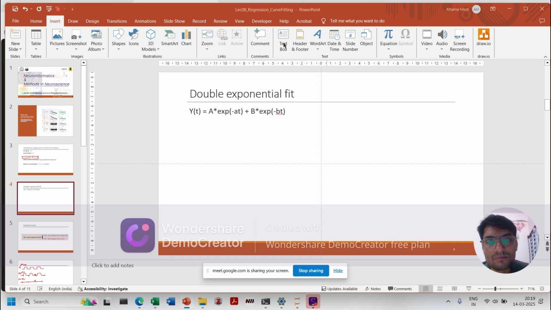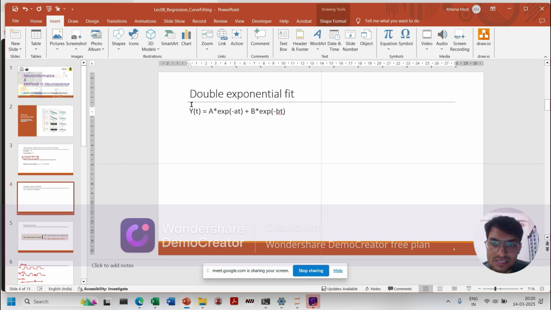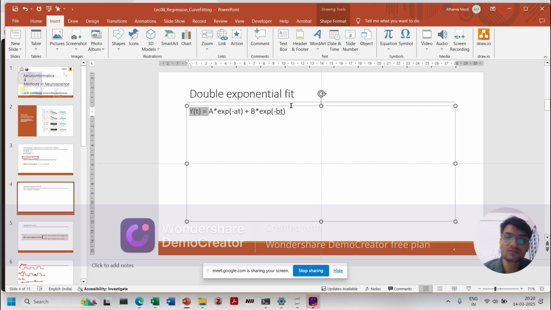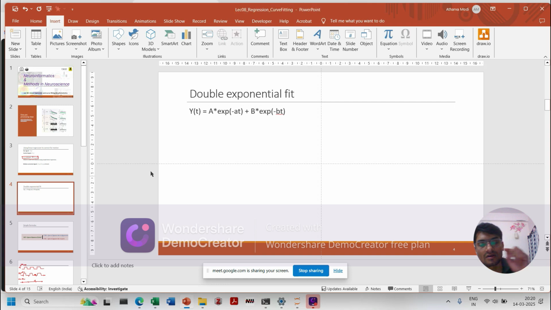So you can use similar concepts from regression in curve fitting also. Let's say you have an equation like this. This is a double exponential fit. This comes in handy when we want to see how our signals are bleaching, like we want to control for that.